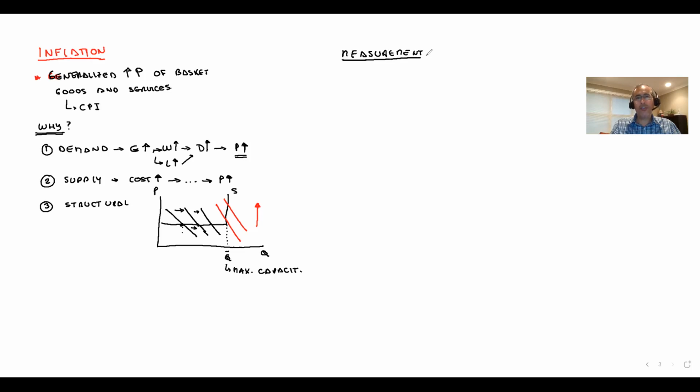We have technically, guys, three methods. We have Laspeyres. We have another method that is called Paasche. I think it's written like that. And then we have Fisher.